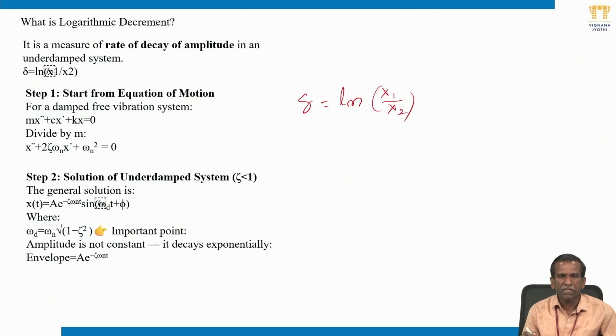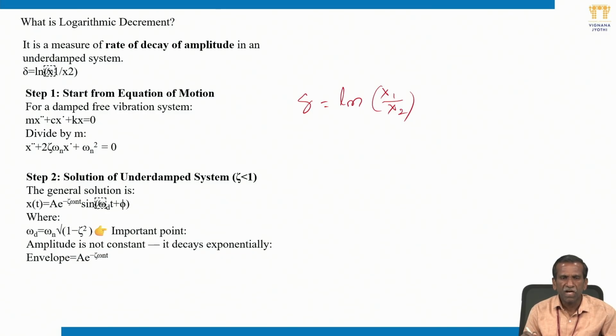So this damped vibration we have seen, this is the equation. Then the solution is in the form displacement equal to a e power minus zeta omega n t into sin (omega d t plus phi). We have seen this is the general solution in this case, where phi is the phase angle. Omega d is the usual definition.